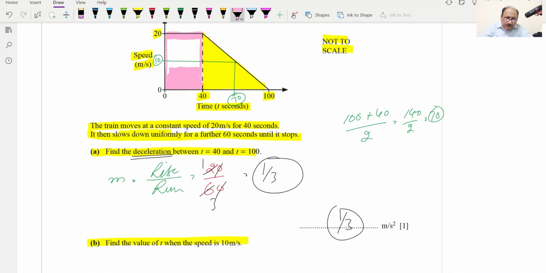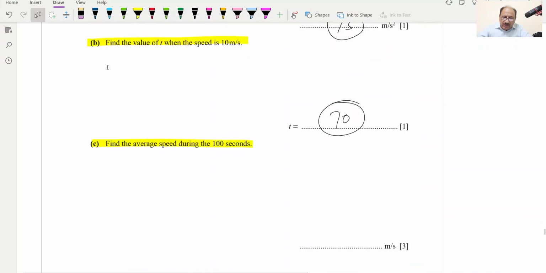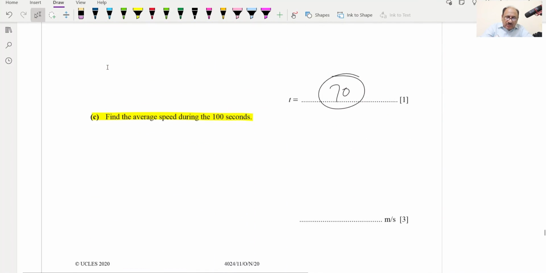So we will add the areas of these two shapes, and the area under the graph will be the distance. In case of speed, the distance will be divided by the total time taken, which is 100. So we will add these two areas, and that is what the distance will be.